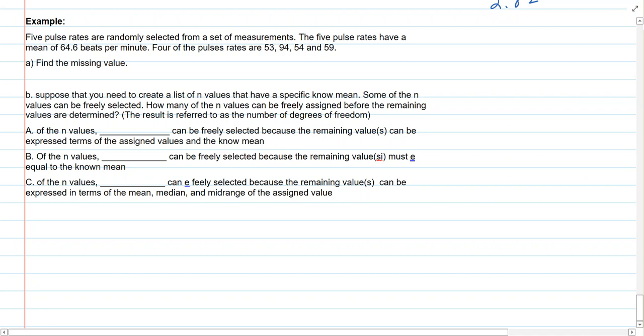5 pulse rates are randomly selected from a set of measurements. So we have our cardinality of our sample as 5, with a mean of 64 and 6/10 beats per minute.